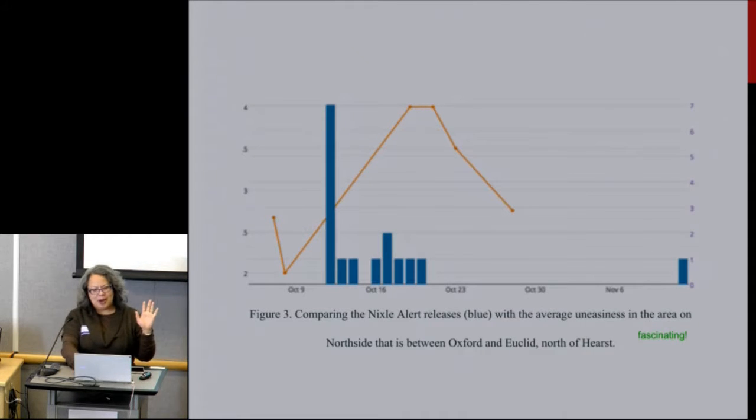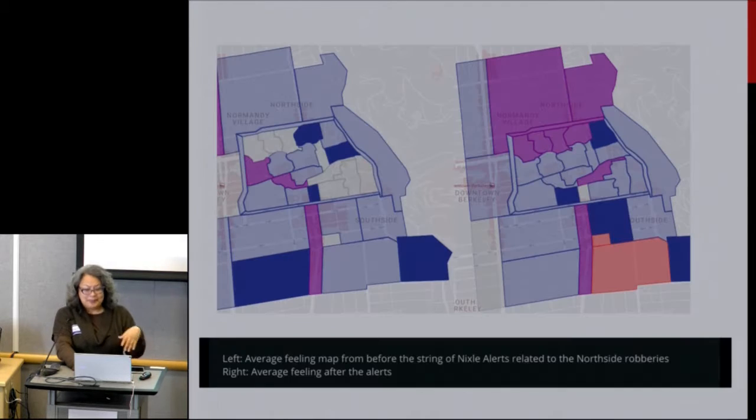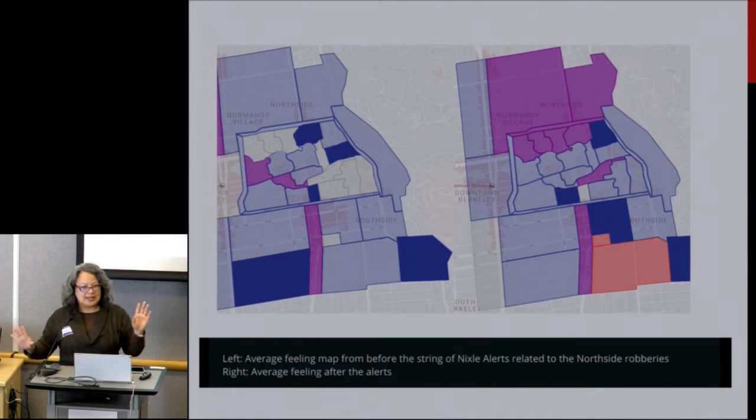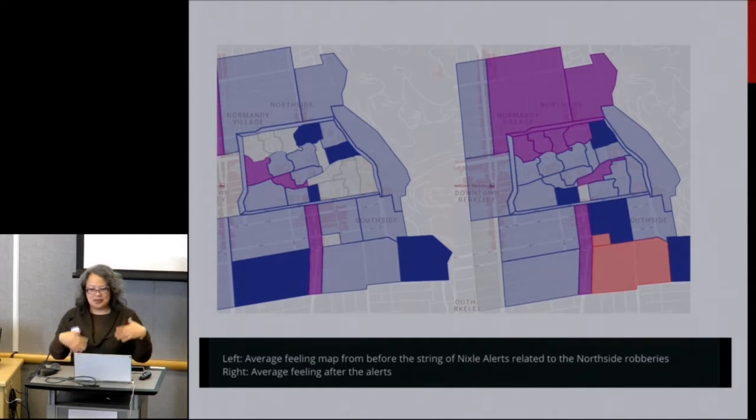So one thing that Ronnie postulated is, are Nixle alerts actually making people more scared? And he depicted this in gathering his data on the campus before the Nixle alerts about the robberies on the north side and after the Nixle alerts came out. And all of a sudden the north side appears after the Nixle alerts as this place that people are afraid of.